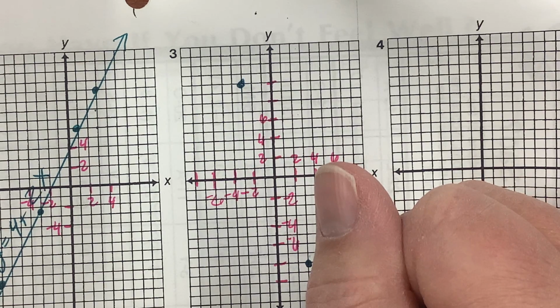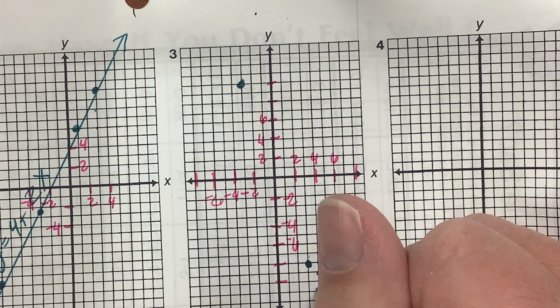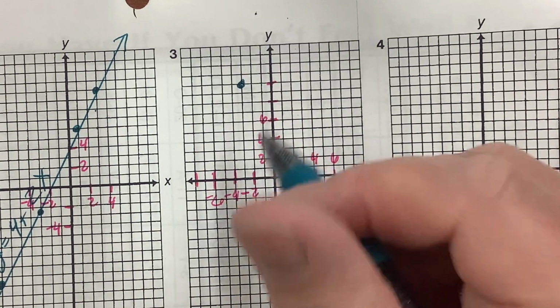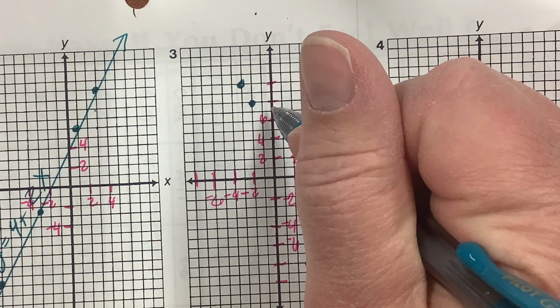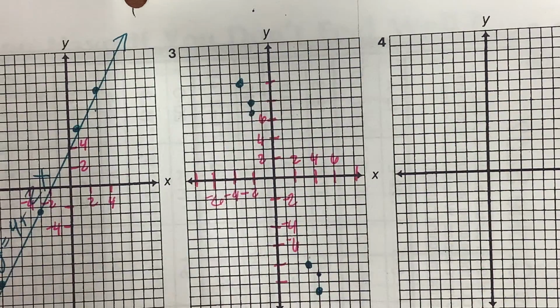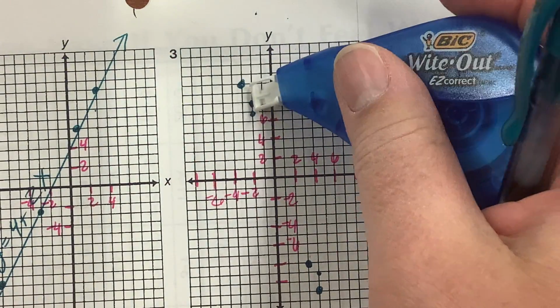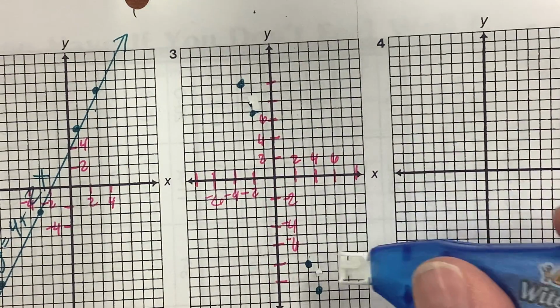Did I just graph that wrong? +3, yeah, you did. -11, and -2, +7. This is 7. Yeah, you know what? I'm just not looking at my lines. I should probably be counting my boxes a little better. Get rid of that one, too.